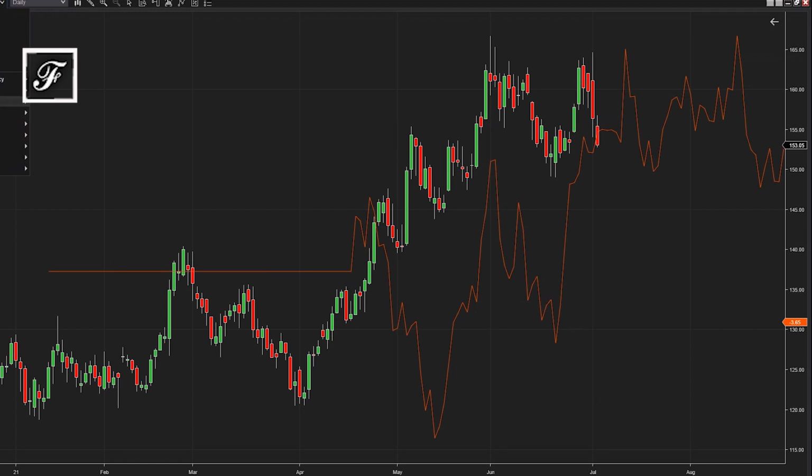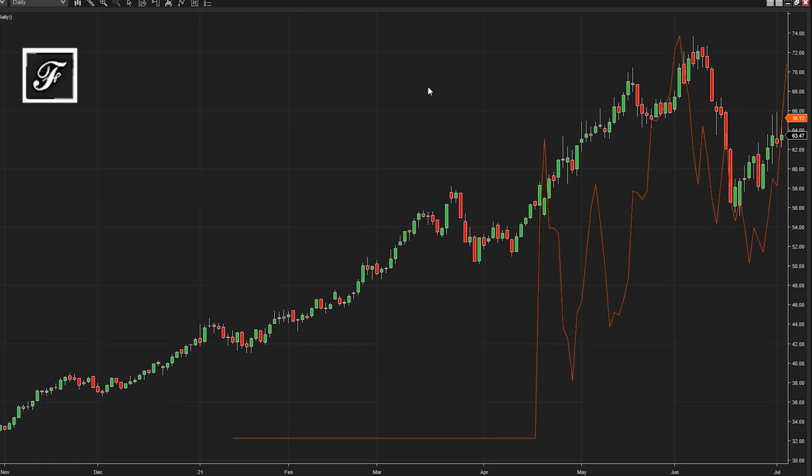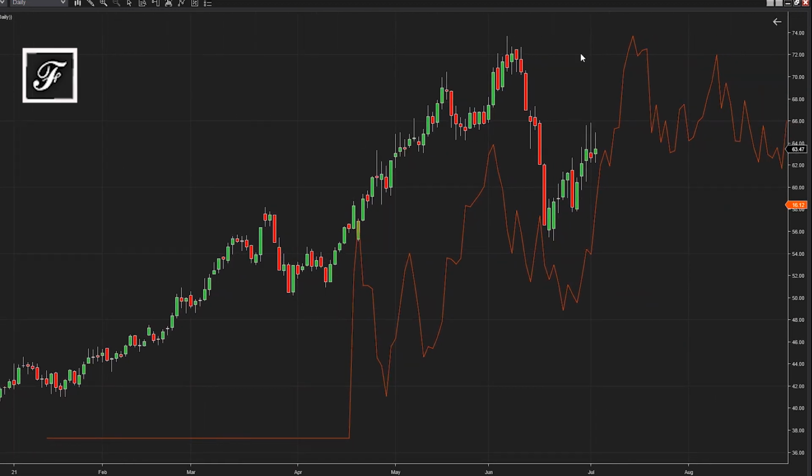Maybe there will be a trade, but I'm not quite sure. Okay, what else you can check here is soybean oil. Again, another flag formation, and it looks like we can see another wave to the downside.